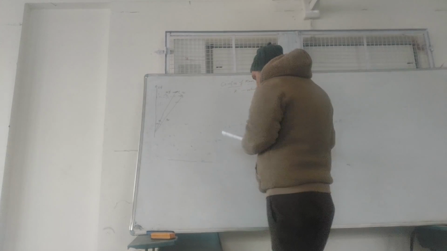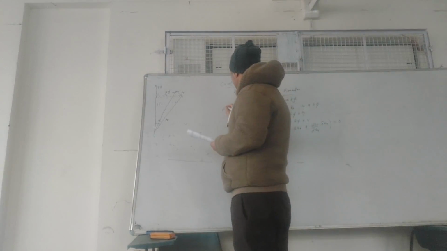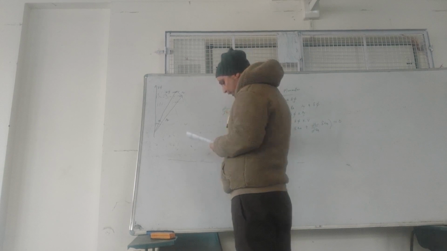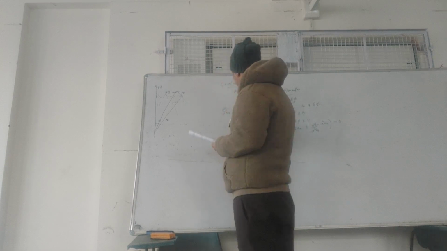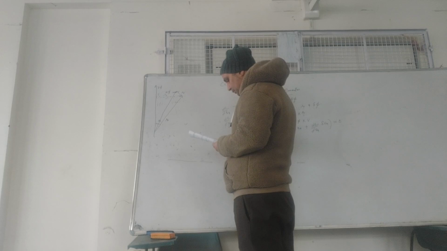So now how will you replace dL by dr? You can also write it as PA: dL by dr is equal to P dot.